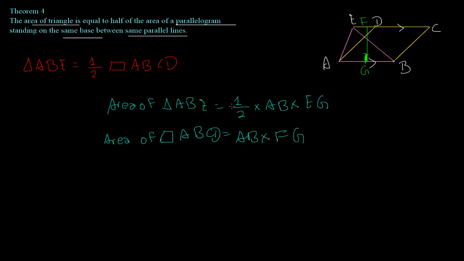So if you compare these two, we can prove that the area of triangle ABE is half of the area of parallelogram ABCD, since half into AB into EG, and AB into EG is the parallelogram ABCD. So that's it, we have proven it.